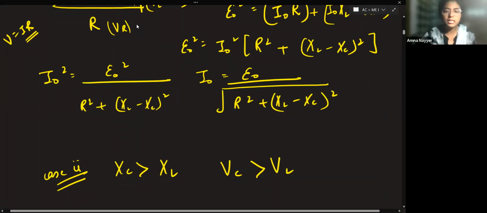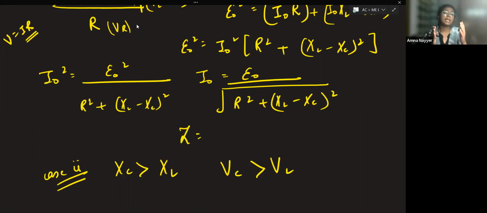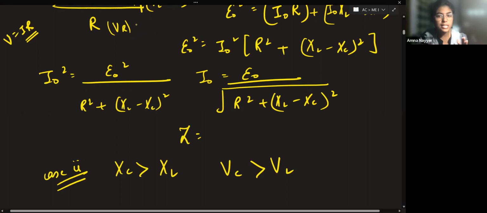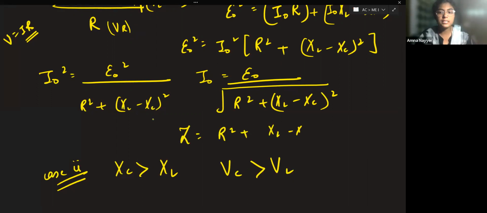So what is Z? Z is the impedance. Now impedance is the resistance for this entire circuit. So I is equal to E divided by something; if I is equal to E divided by this whole term, R square plus XL minus XC whole square, this is now doing the function of the resistor over here. So under root R square plus XL minus XC whole square is your impedance for this circuit.